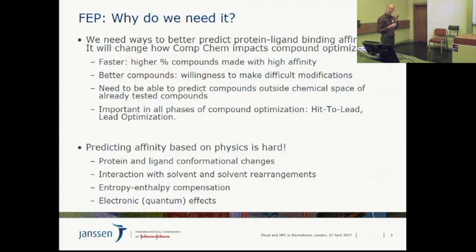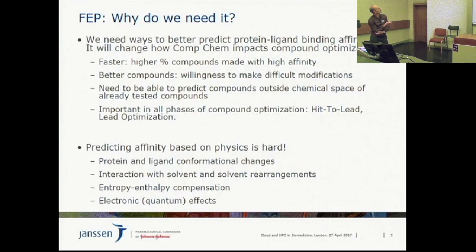If we had a much better trust in the predictions that we make, with maybe even a confidence interval, you can actually start making suggestions to chemists that are maybe not very straightforward. So, first of all, if your predictions are better, obviously a higher percentage of compounds that are actually synthesized will have good affinity.